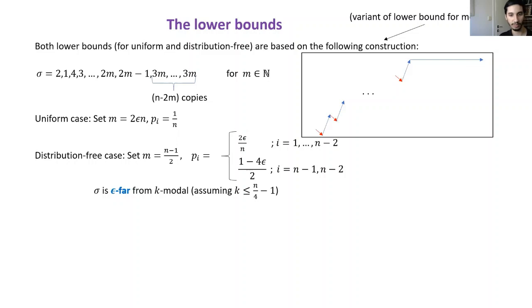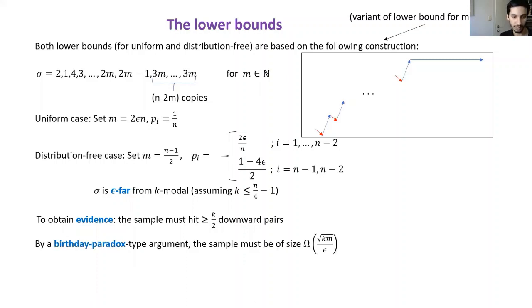Sigma is epsilon far from k-modal, because in order to make sigma k-modal, one must eliminate almost all of these m downward pairs. Actually, all of them except approximately k over 2. To obtain evidence that sigma is not k-modal, the samples must hit at least k over 2 downward pairs.